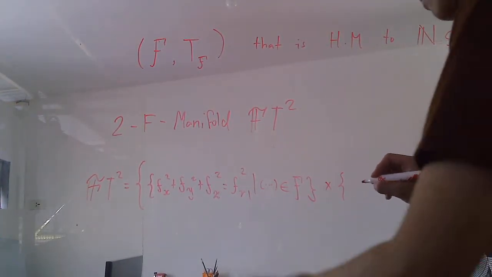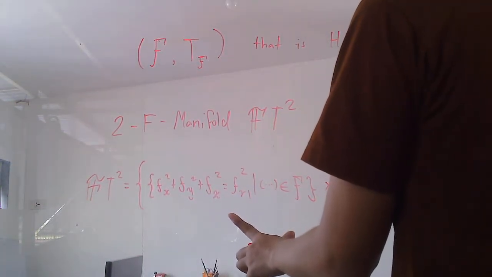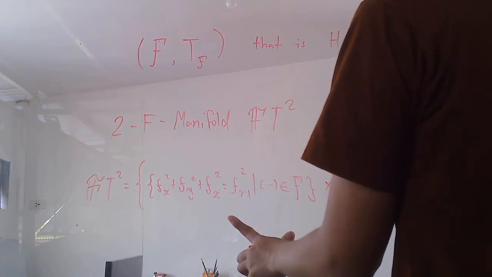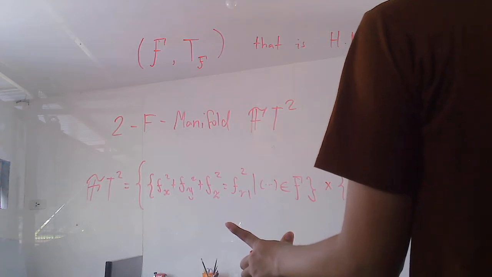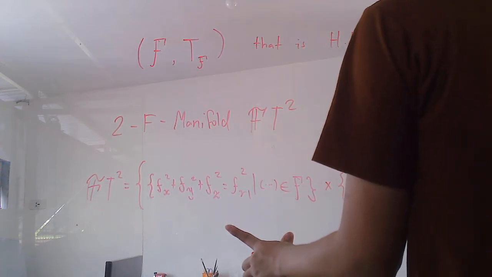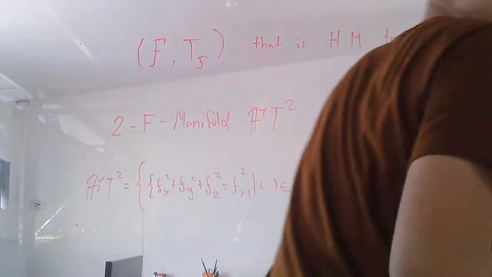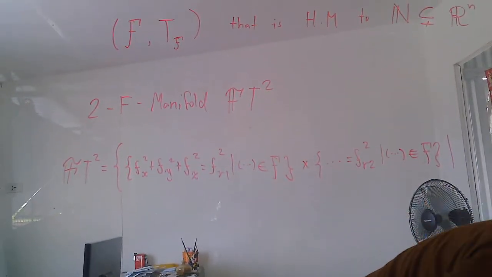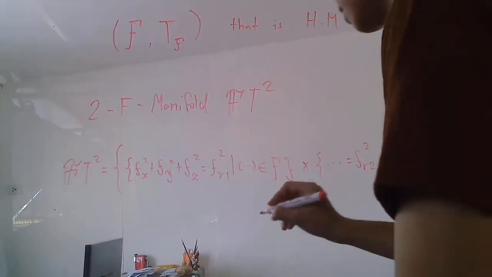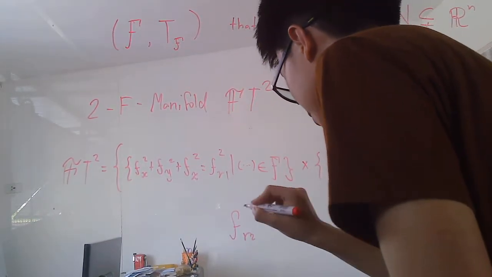Well, I'll just do dot dot dot here until equals F r 2 squared, such that these guys are part of M. Such that FR2 is greater than FR1, FR2 squared is greater than FR1 squared.